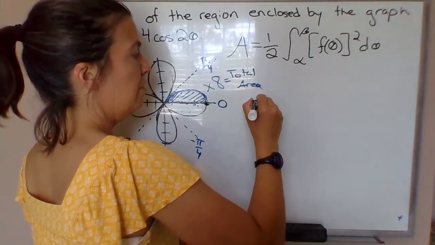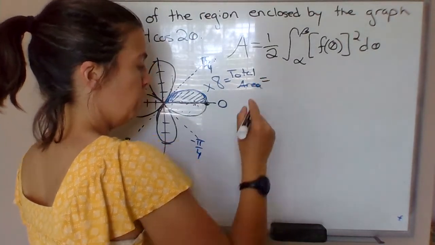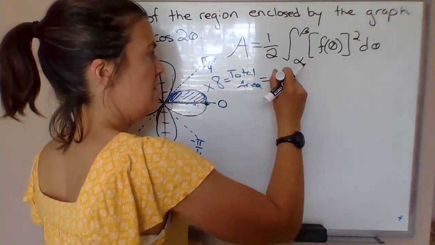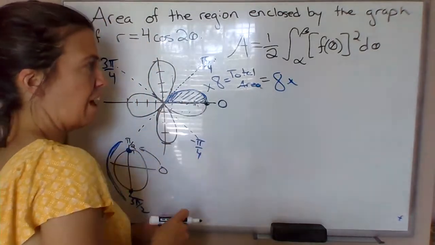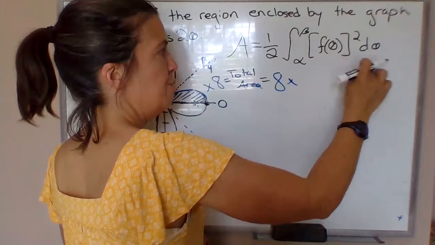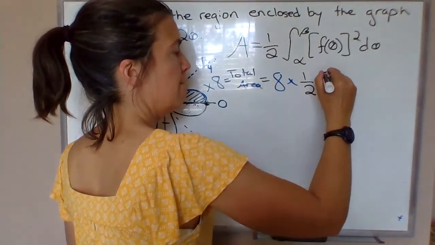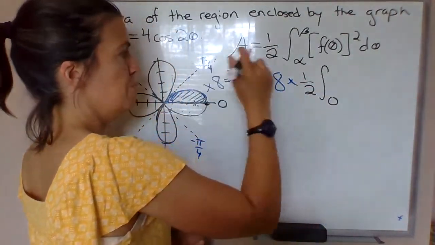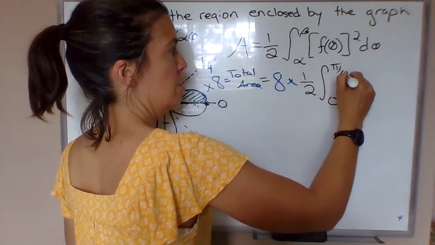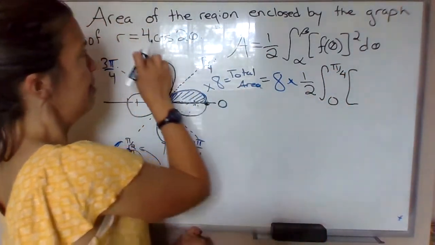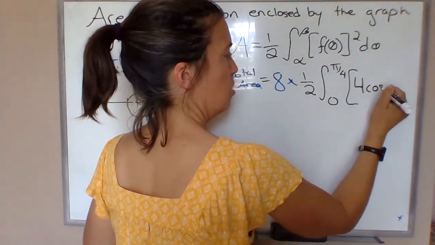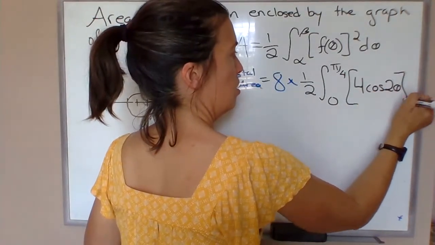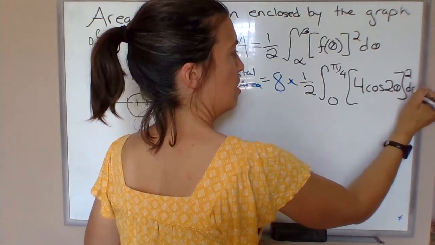So total area here will be 8 times the area of this half of a leaf, which is given by this formula. So 1/2 integral from 0 to pi over 4 of f of theta, which is this 4 cosine of 2 theta, all squared, d theta.